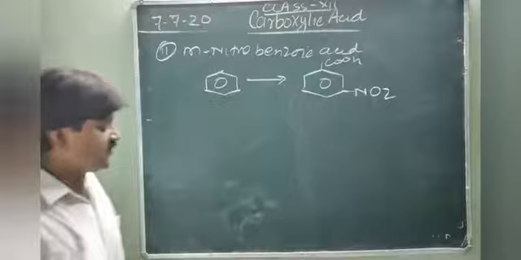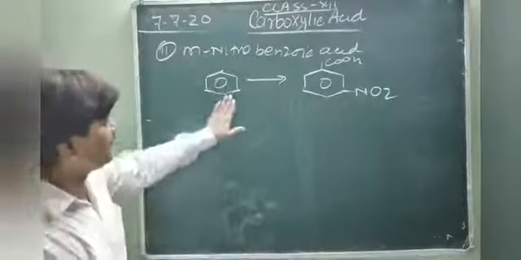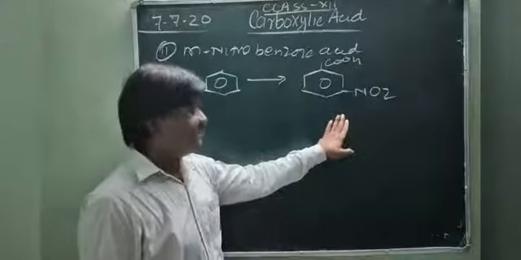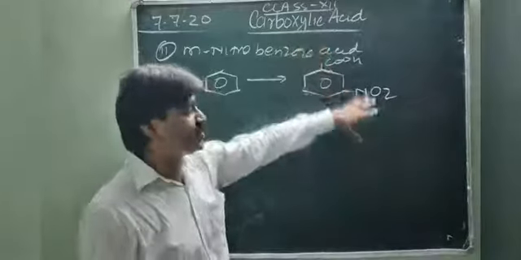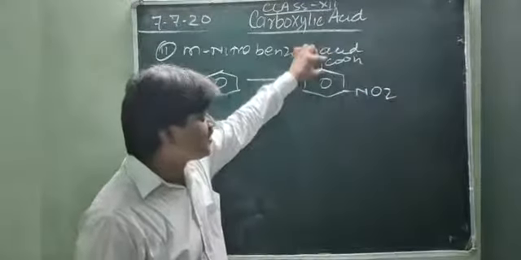How do you prepare? First, what are the changes from benzene? This is COOH group introduced and NO2 group. How do you introduce the COOH group?